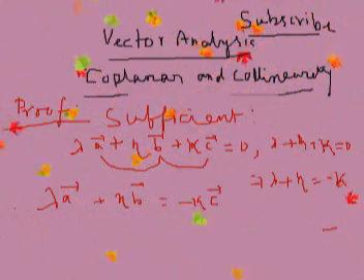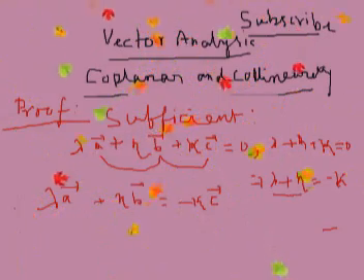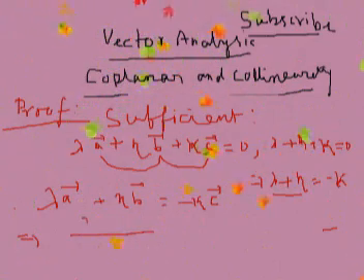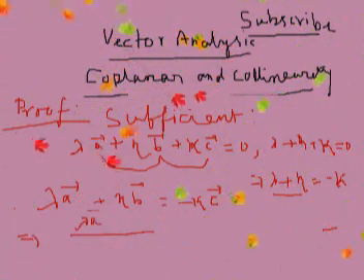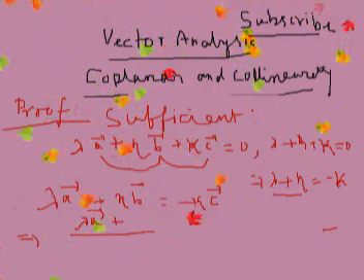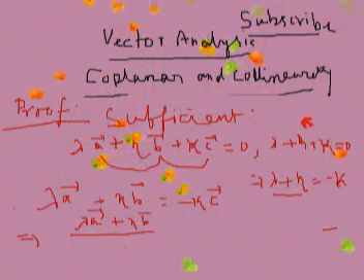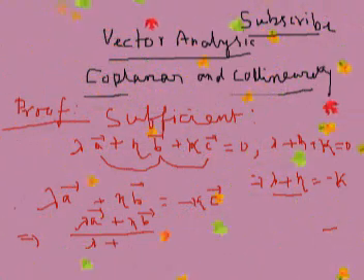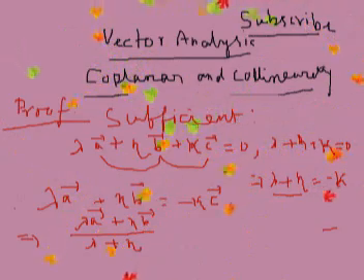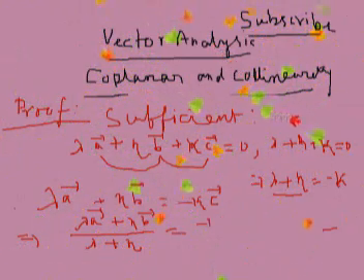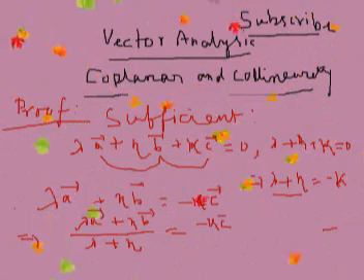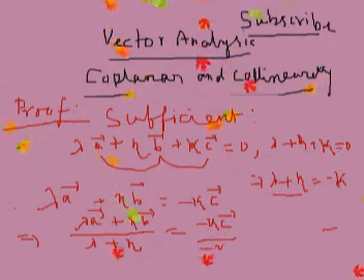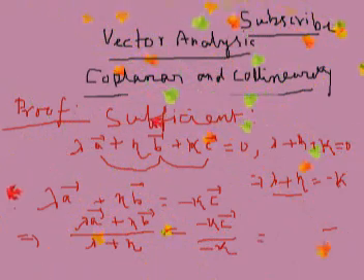Now if we divide by lambda plus eta on both sides, then we will get lambda A vector plus eta B vector by lambda plus eta, and here minus kappa C vector. So this is equal to minus kappa, so we will get the C vector.